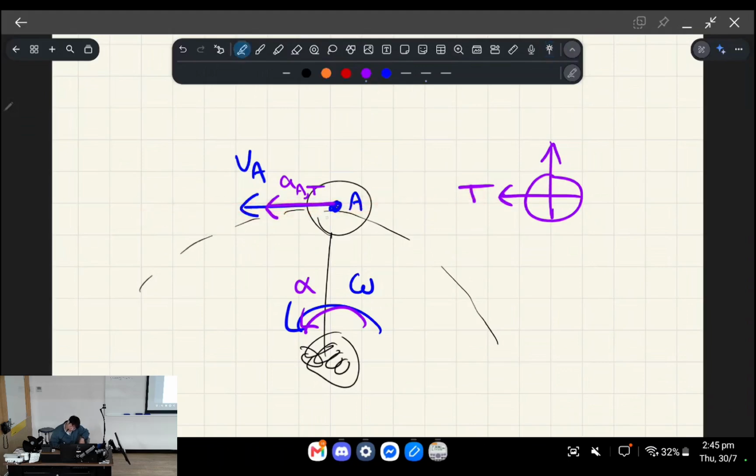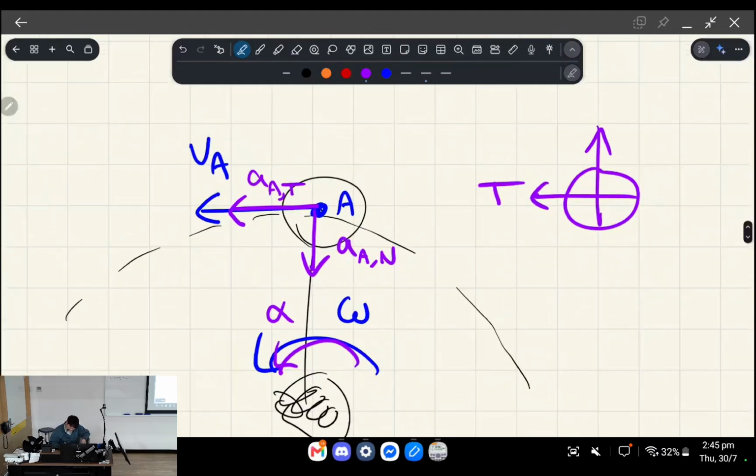But there's also a component that pulls in. The normal component of the linear acceleration of A is going to pull in. This means the net, or hypotenuse, linear acceleration of A is diagonal. You can add the normal and tangential components together to get that diagonal.